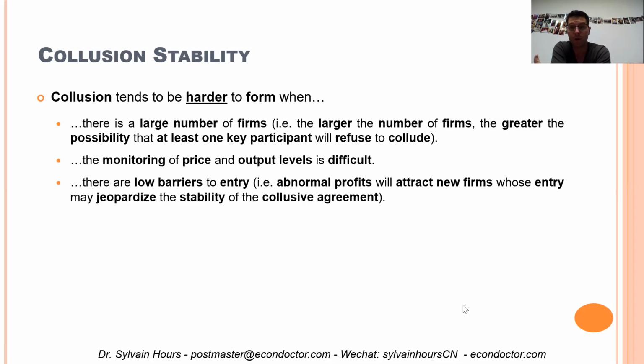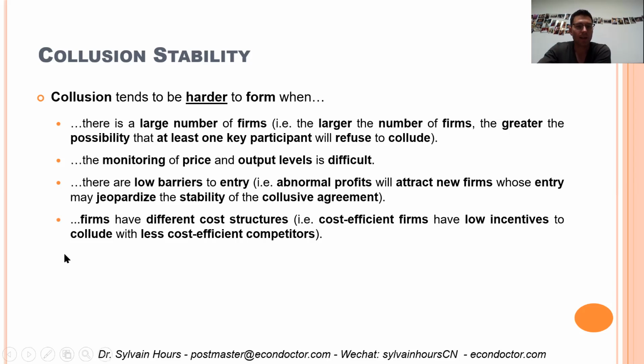And as I said earlier, the more firms you have in the market, the more complicated it is to achieve a stable collusive agreement. On the other hand, if you have high barriers to entry, let's say you only have 3 firms, and they are protected by high barriers to entry, even if they make very high economic profit, nobody will be able to enter and threaten the stability of the collusive agreement.